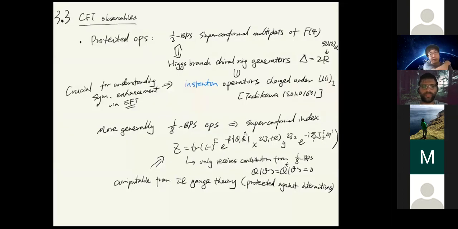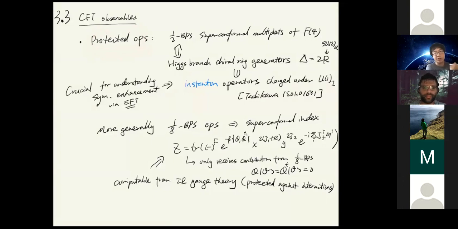Okay, so that's all I'm going to say about the M theory construction. Let's now move on to some CFT observables that you can extract. Some of the important CFT observables that you can extract from various setups rely on supersymmetry, and these are the protected operators.